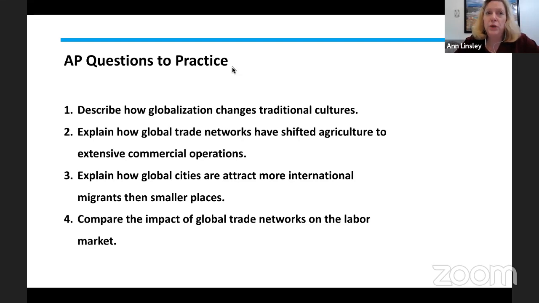Explain why would be a good question too. Explain how global cities attract more international migrants than smaller places. Migration, Unit 2. And then compare the impact of global trade networks on the labor market. Who is coming? Also be a factor of migration. Just some things to think about.